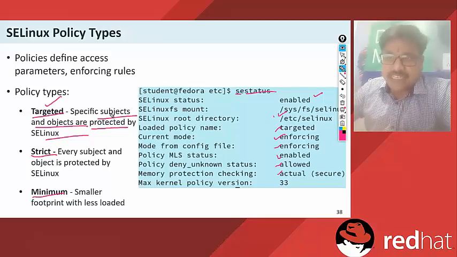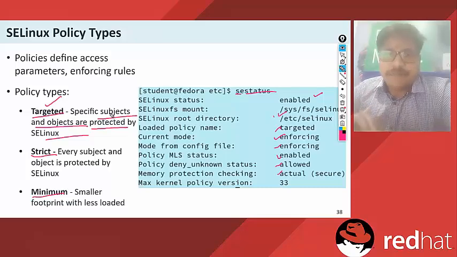Strict means every subject and every object should be protected. The first policy is targeted: what do you want to target, the object or the subject? Strict means all the subjects and all the objects must be protected by SELinux. And minimum is a smaller footprint with less load.